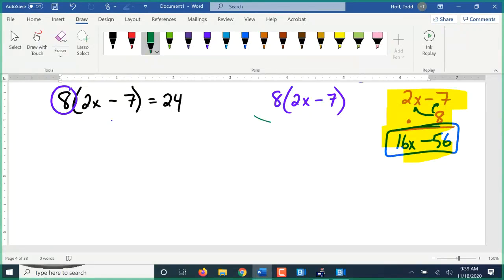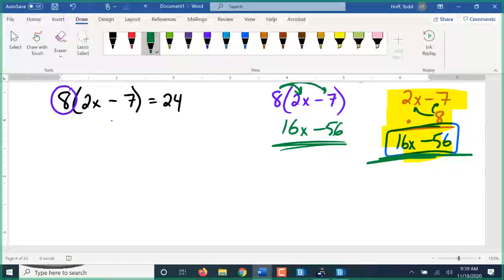Within a problem like this, you just take the 8, and you're going to multiply each piece inside the parentheses by the 8. So you do 8 times the 2x is 16x. 8 times the negative 7 is negative 56. Notice you get the same answer. It's just a little shorter. We didn't have to rewrite the whole problem and all that.